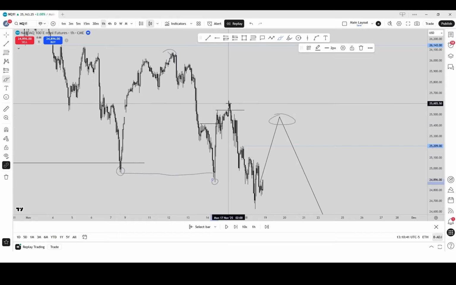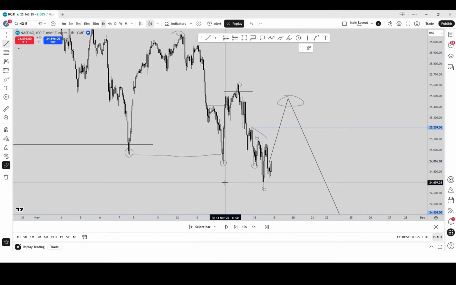Lower low, lower high, lower low. We built liquidity here. Lower high, lower low, right? And you can see that this low broke. So yes and no. Overall, yeah, it looks like it's with structure, right? But the overall direction for this is that we are bearish.